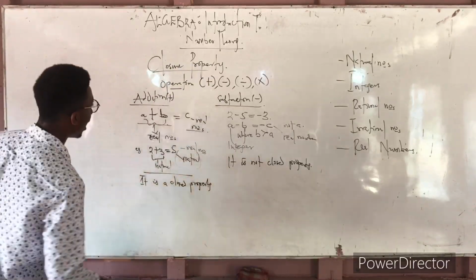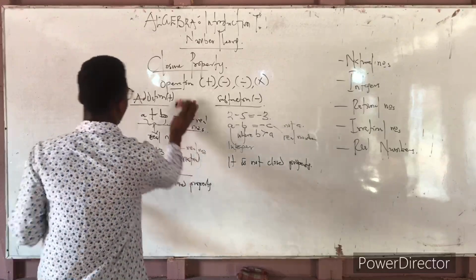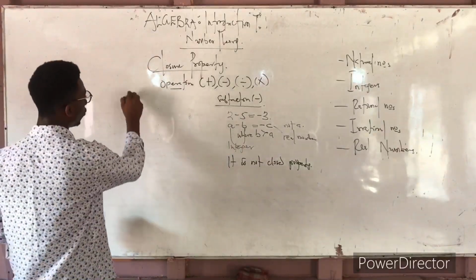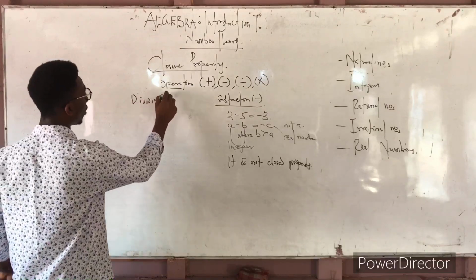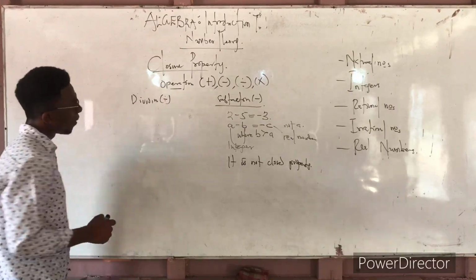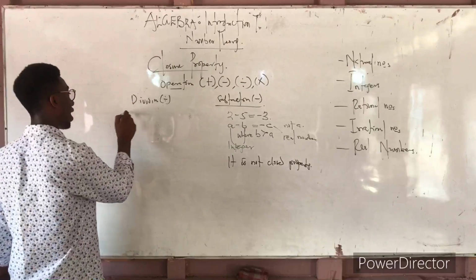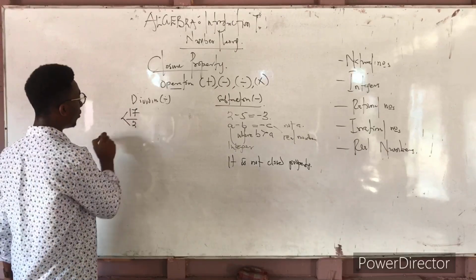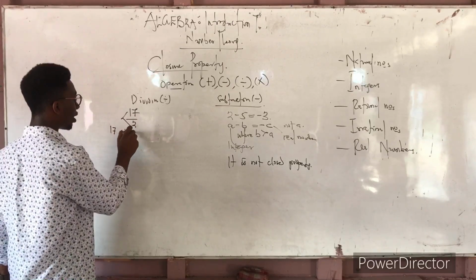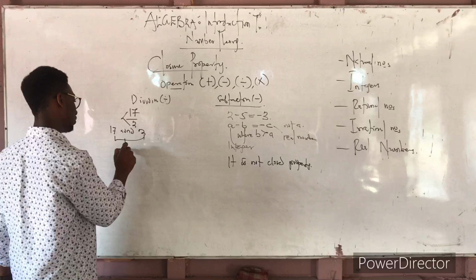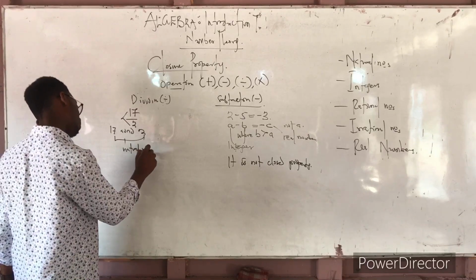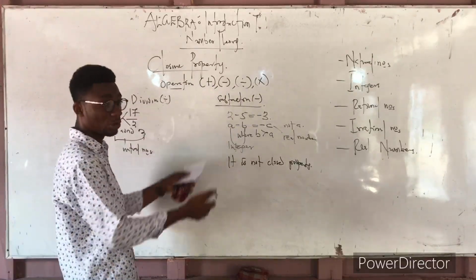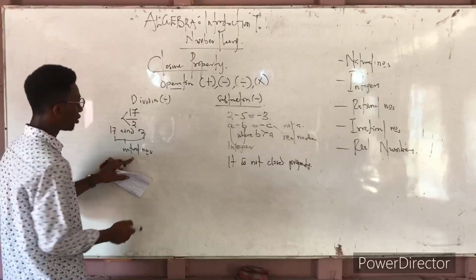Now let's look at division. Let's say I have 17 divided by 2. The 17 and the 2 are natural numbers.